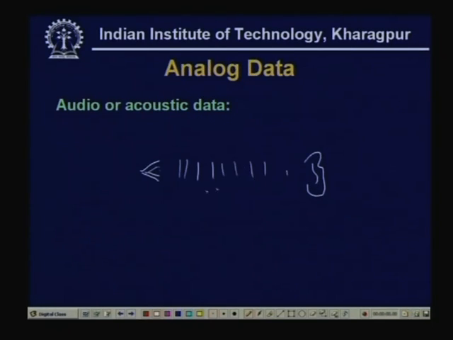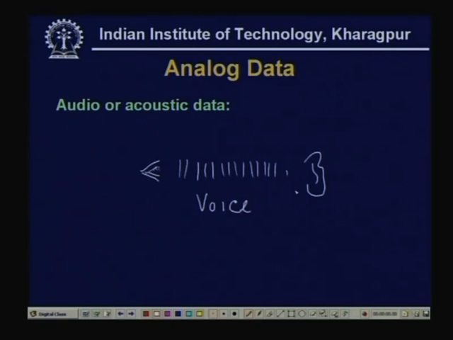Now, the voice goes to the ear, that means from the mouth the vibration is made, that vibration leads to some compression and decompression waves, and that wave conveys the data to the ear and it creates some sensation in the eardrum which we hear. So, this is your audio or acoustic data.